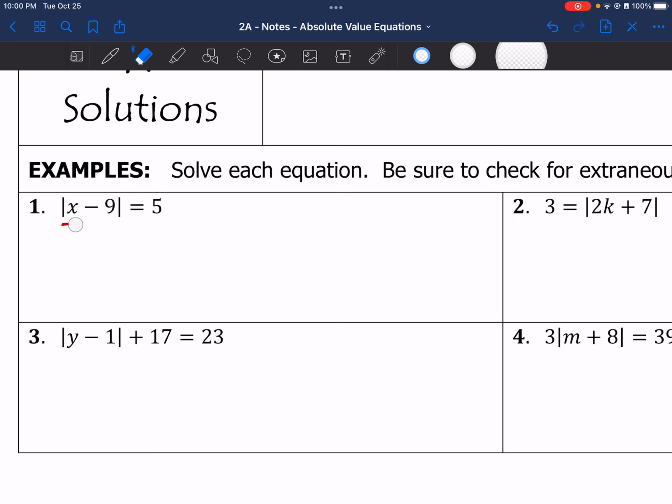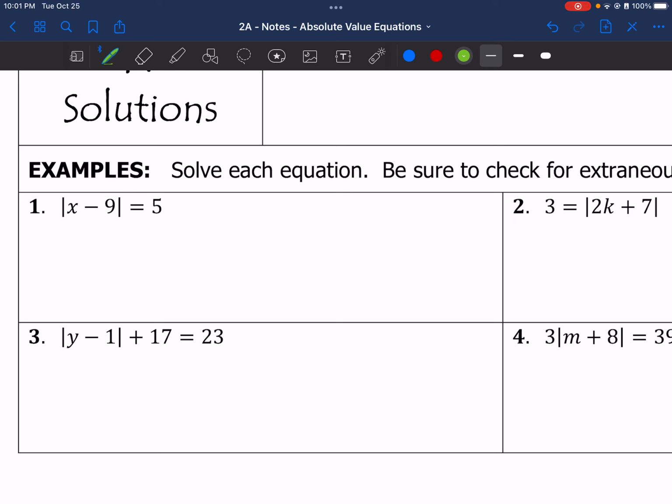For number one, we already see that our absolute value expression is isolated by itself. But if we looked at number three, we have our absolute value expression here, but we also have this tacked on plus 17. So when we get to number three, we will have to get rid of the 17 first before we do anything. But let's get back to number one. Since we have our absolute value expression isolated, we are going to move on to step two.